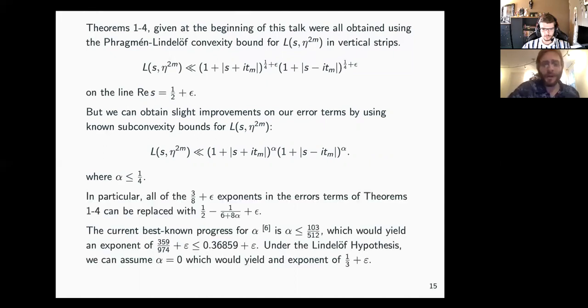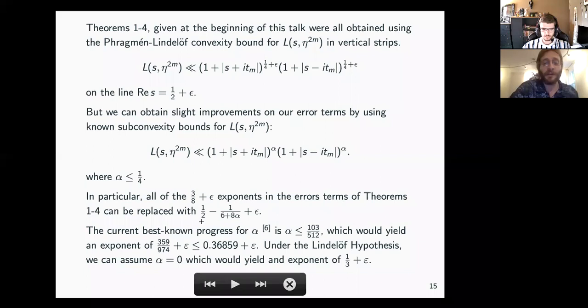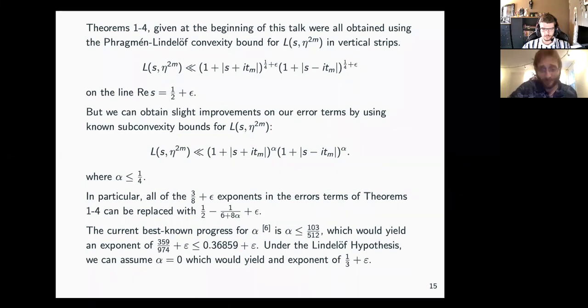We get our 3/8 result from the convexity bound, but if we replace it with these alpha, we can actually get a more general result that will improve as the convexity result improves. So we're able to say that for our arithmetic progressions of squares, the error term that we have is dependent on progress towards the Lindelof hypothesis, which is very interesting to me.